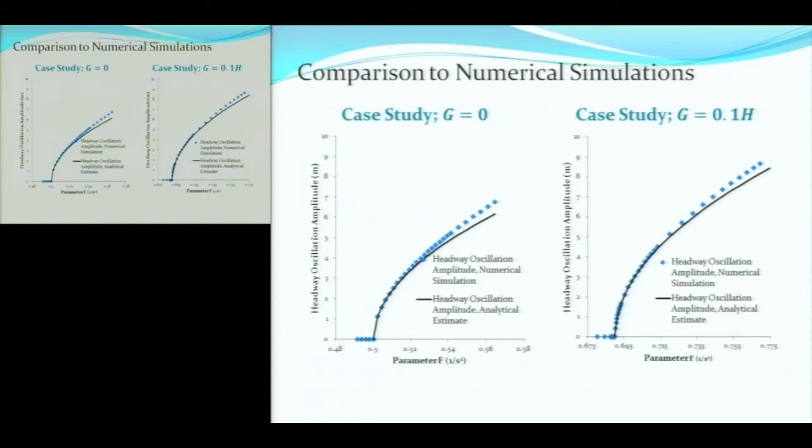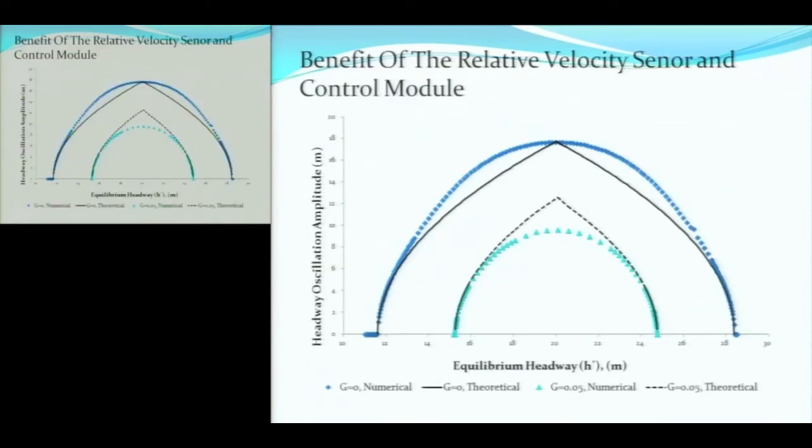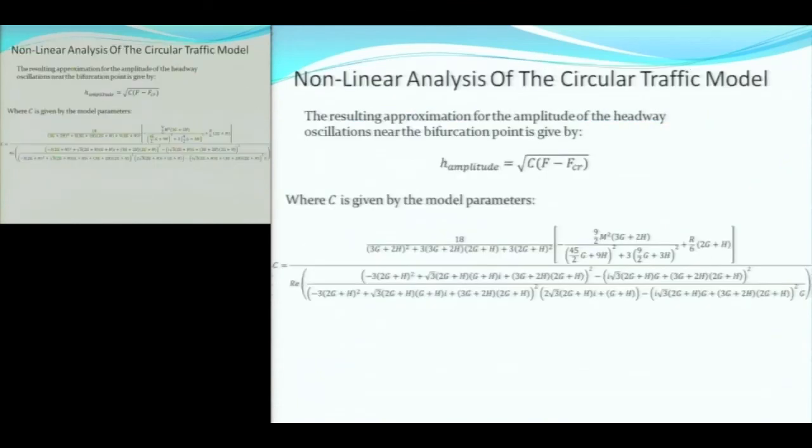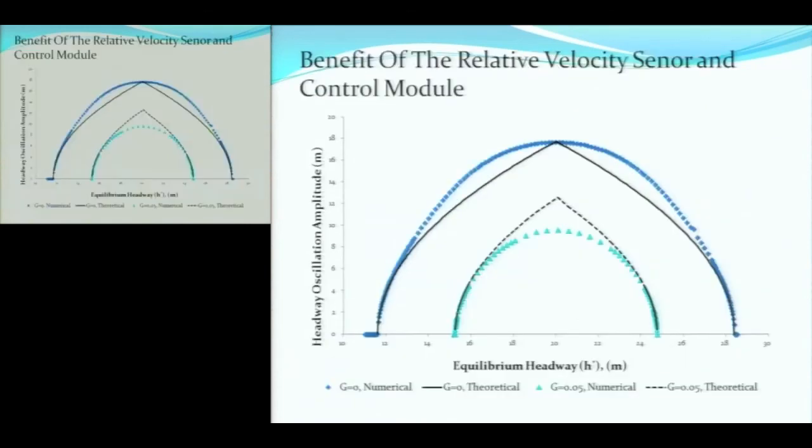So once we validated our analytical estimate for the amplitude of oscillations, we can do some analysis of what makes the system more stable. So first of all, we can rewrite our equation in this slide over here in terms of the equilibrium headway rather than the critical f value, because the two are related by the first derivative of the acceleration with respect to h.